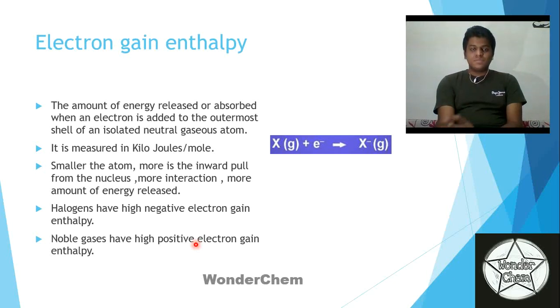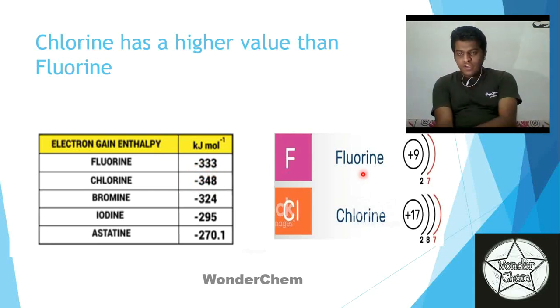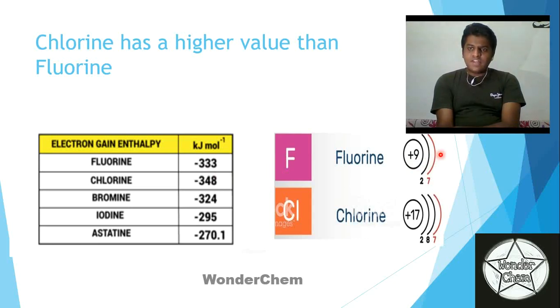So continuing. Now this is something which you have to note down, that is chlorine has a higher value of electron gain enthalpy compared to fluorine. You can see over here minus 348 and minus 333. The reason is very simple. Fluorine is a smaller atom. So fluorine on adding an electron becomes negatively charged.